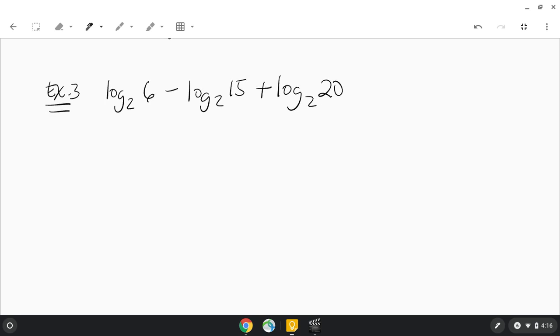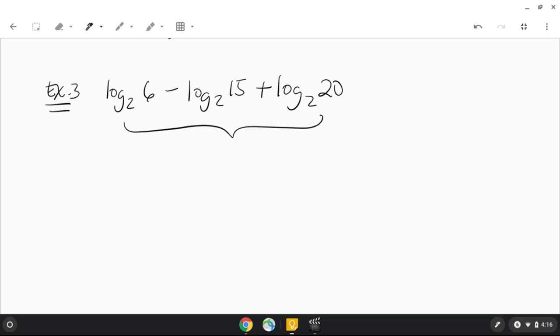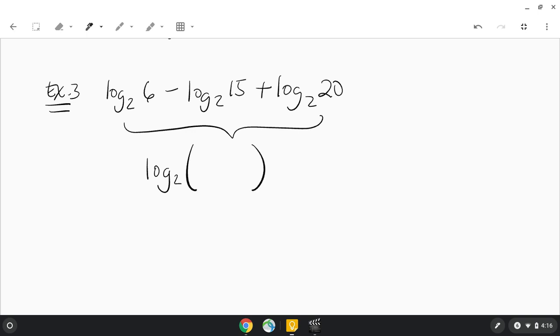So I can write all of this as a single log, base 2. Anything that's positive, or addition, will be written as a multiplication. So that's 6. This one is positive and this one is positive, so that's going to be 6 times 20.